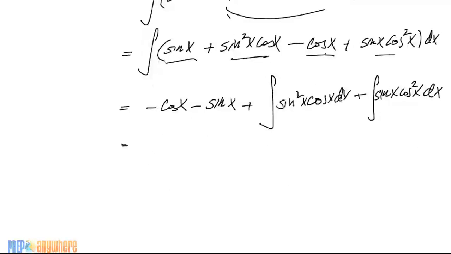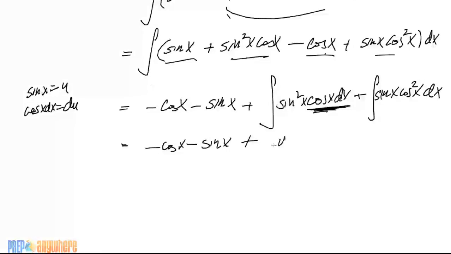Here you have to let sine of x equal u. Then cosine x dx equals du. So we're going to get u squared du.